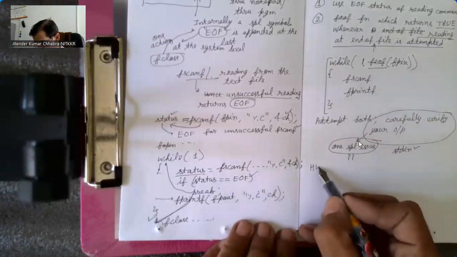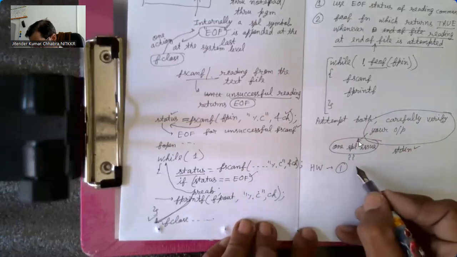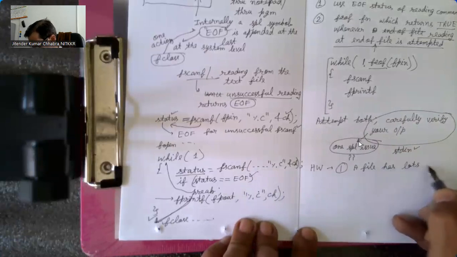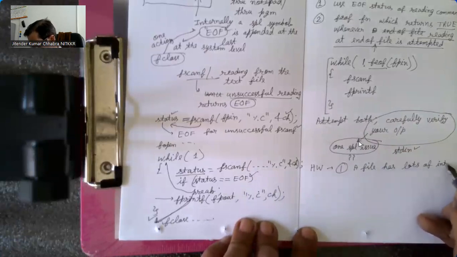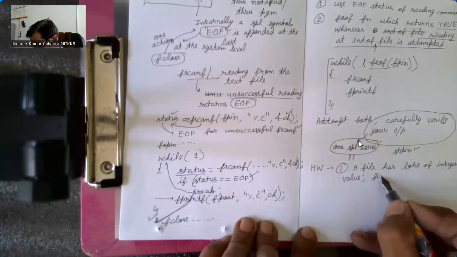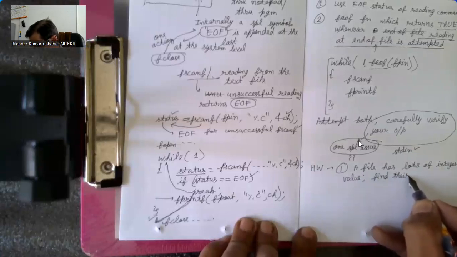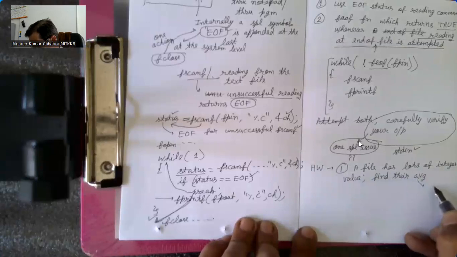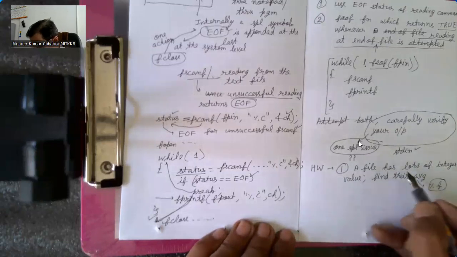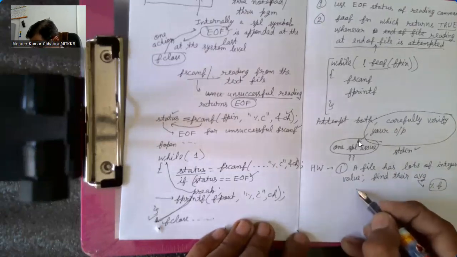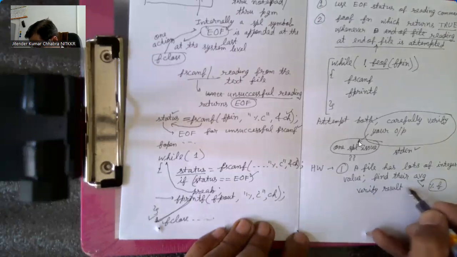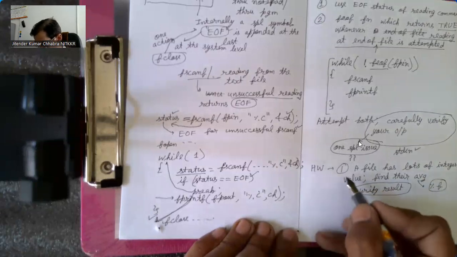So based on that, I will give you one homework. A file has lots of integer values, unknown count. Find their average. Display your average in %f because a fractional value can come. But verify the average also. Verify manually. Check that you are getting the correct average or not.